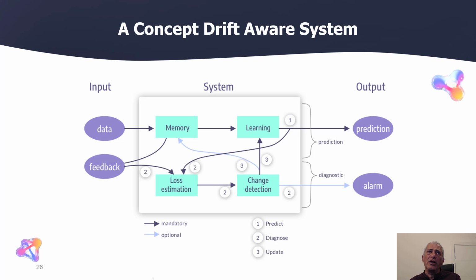So what does it mean to build a concept-aware or drift-aware system? We usually take data, we apply some learning on it, and we do some prediction on it. Good. But now we also need to think about the feedback loop. So we need to also measure the differences between our predicted results and our actual results.